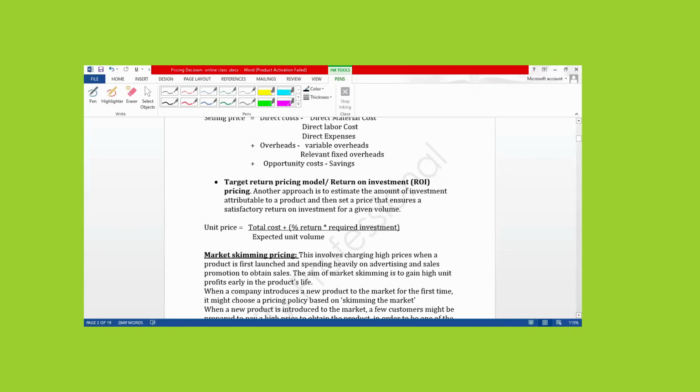In addition, the target return on investment is added to the total cost of the product so as to arrive at the selling price. We discussed this last week.